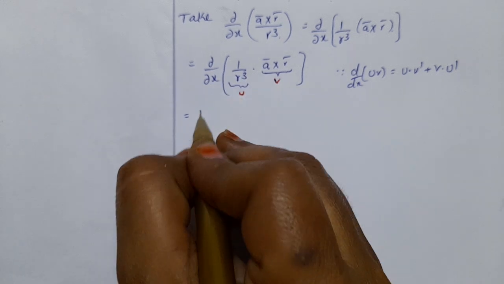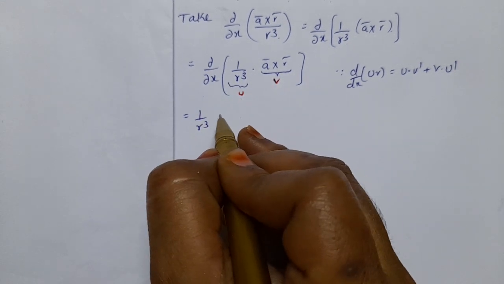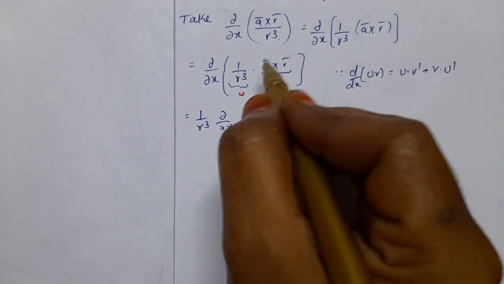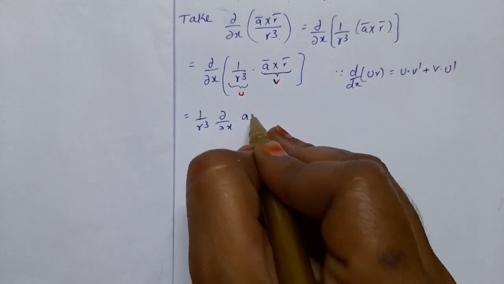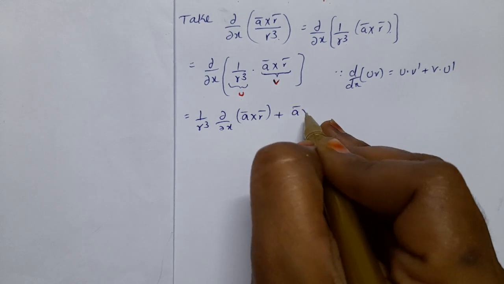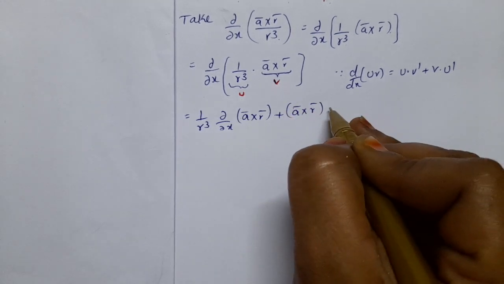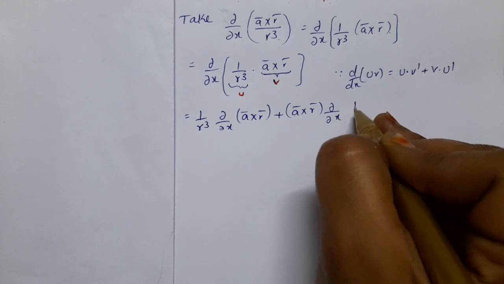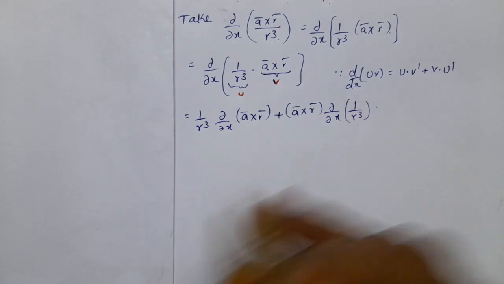u, 1 by r cube, into derivative of v, a bar cross r bar, plus v, that is a bar cross r bar, into derivative of 1 by r cube.